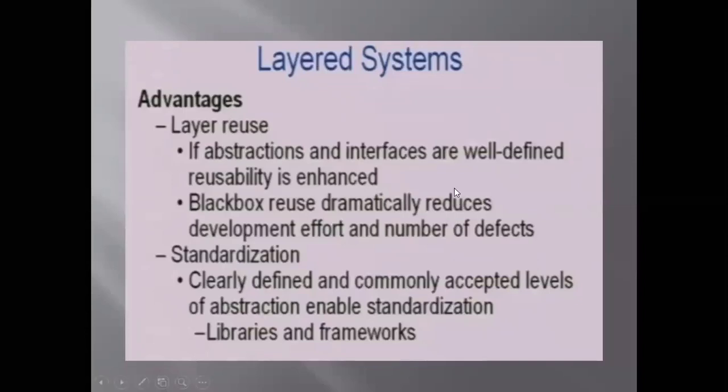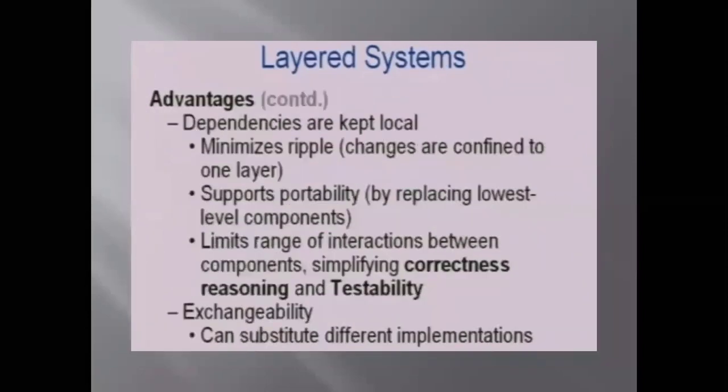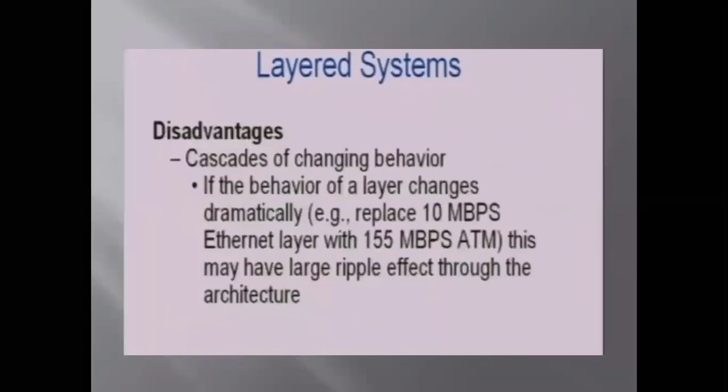And when the abstractions are well defined, they can even be made into libraries or frameworks. The other advantage is that dependencies should be kept local to a particular component so that it minimizes the ripple of code changes, and it can even support portability from one platform to another platform.